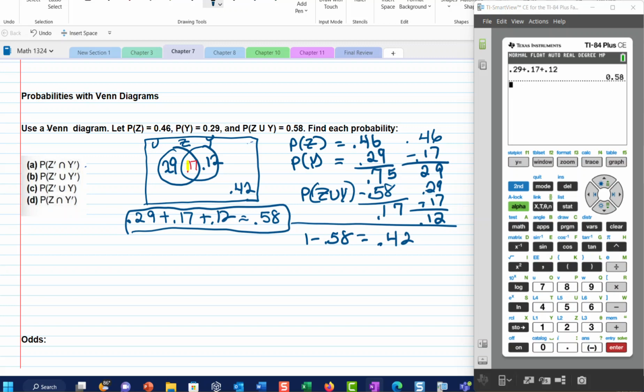All right, so now we want the condition of not. The probability of not Z intersects, that means shares with, not Y. All right, so let's look at what we have. Not Z is everything outside of the circle.